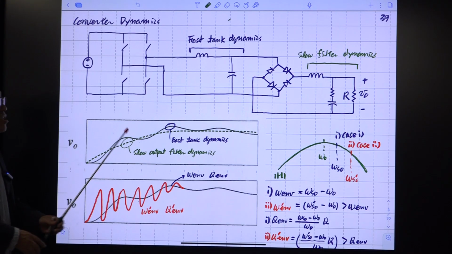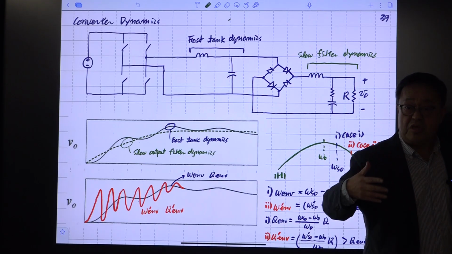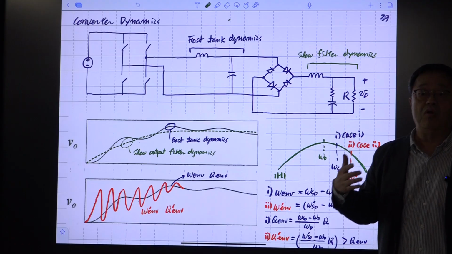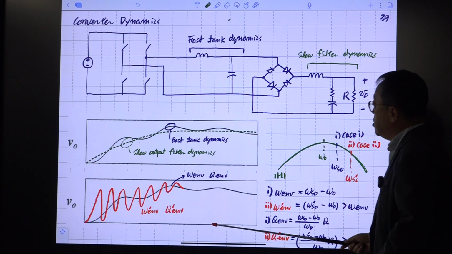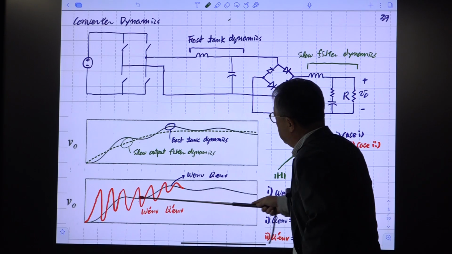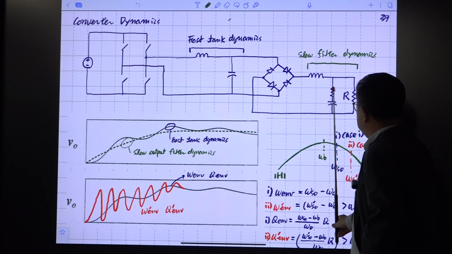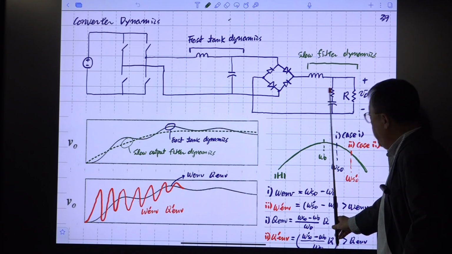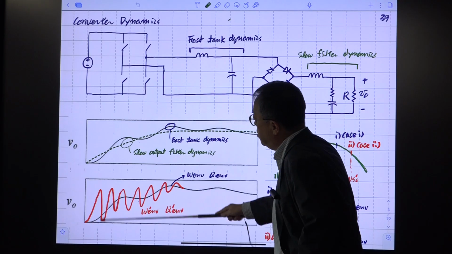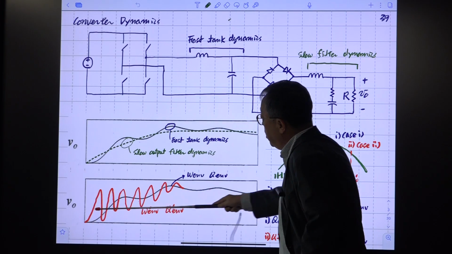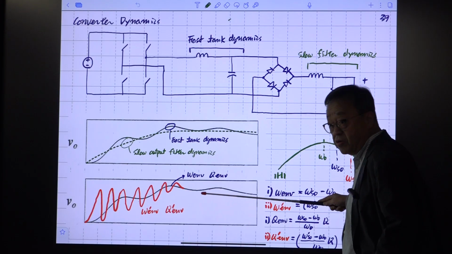So if you increase the switching frequency, you are increasing both the frequency of omega_nb and the quality factor of omega_nb. Their result is summarized here. So this can be considered as the output waveform when your switching frequency is here. When your switching frequency increases, all of a sudden this frequency becomes higher and the peaking, this oscillatory behavior, becomes severe.